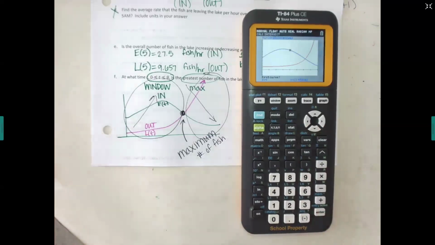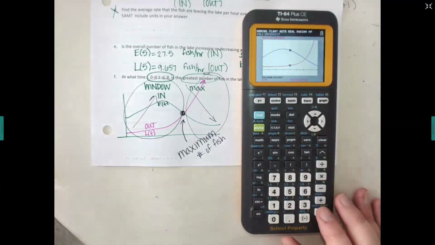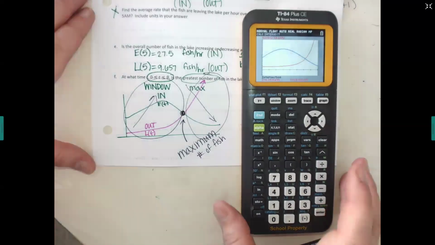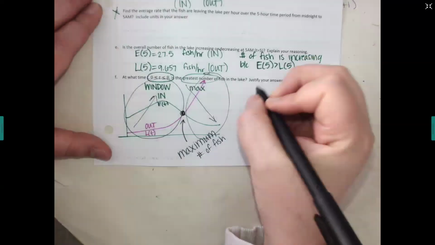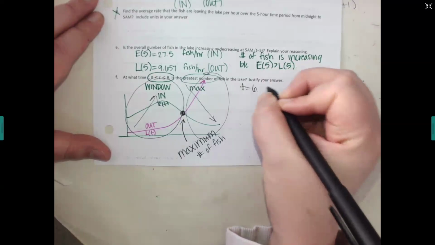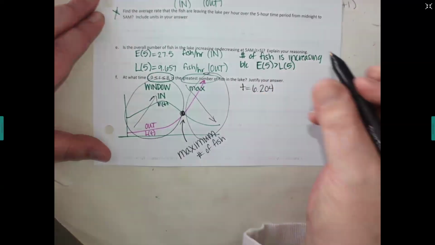But for this graph, they only cross once anyways, so we're not really worried about that. You can just push enter 3 times. So first curve enter, second curve enter, guess enter. And my intersection happens at 6.2035. We're going to round that to 6.204. Okay, so T equals 6.204.